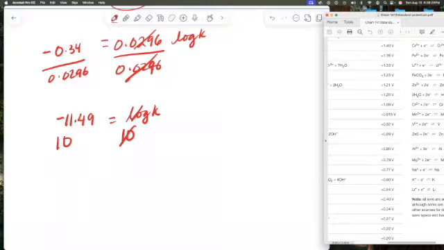This cancels out and we get K equal to 10 to the power of negative 11.49.